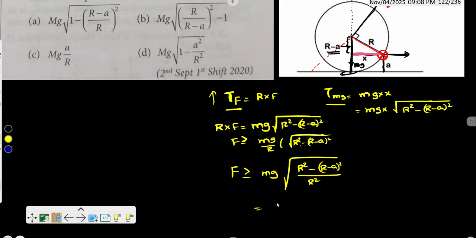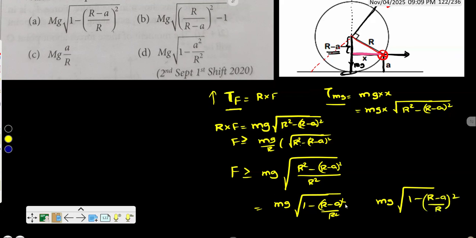So r square and r square, that is mg into the square root of 1 minus (r minus a) whole square by r square. So you can say mg into the square root of 1 minus ((r minus a) by r) whole square, because both are squares.